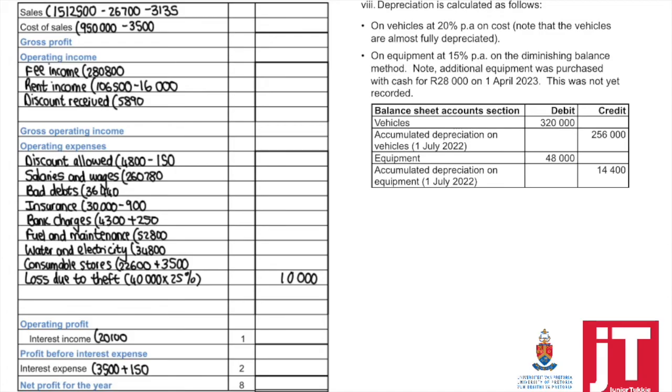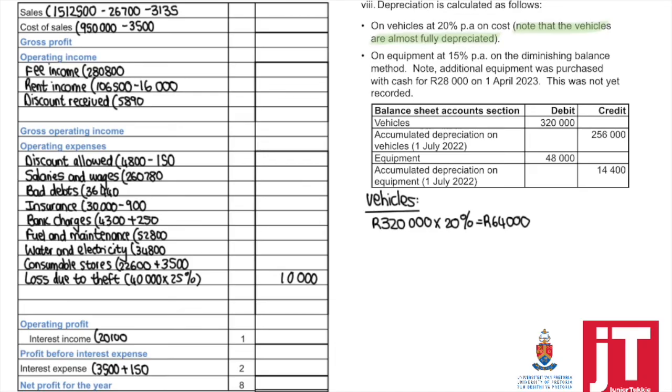So if we first look at vehicles, calculating depreciation, it says it's almost fully depreciated. That means if you now take 320,000 and you times it by 20%, that's how we would calculate it using the fixed installment method, because it says on cost. Means that my depreciation will be 64,000.